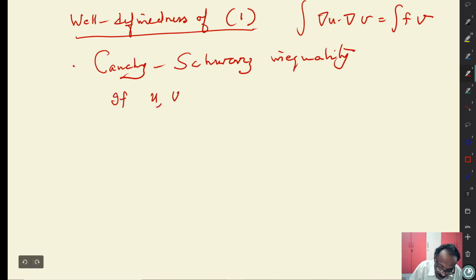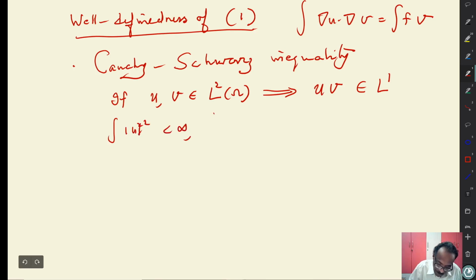If u, v in L2, then that implies the product uv is in L1. That means u in L2 means the integral of mod u square is finite, and the integral of mod v square is finite.